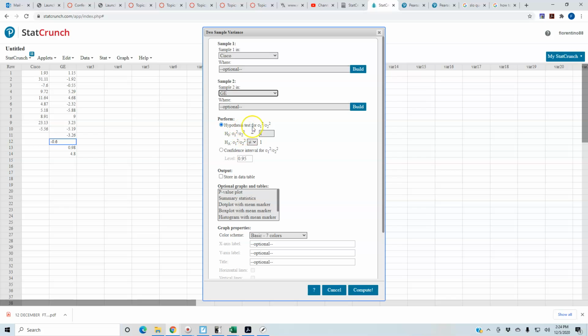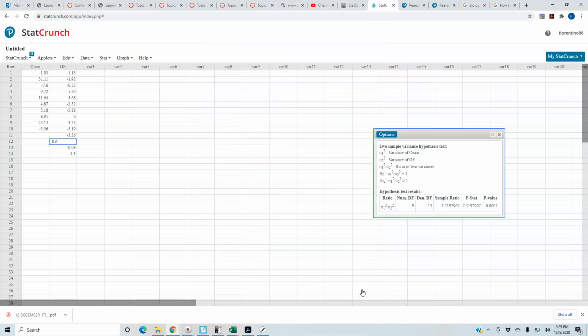For the hypothesis test, the null means that the ratio equals 1. In our alternative, we should have the greater than symbol from our alternative hypothesis. At this point, we're just going to select Compute.